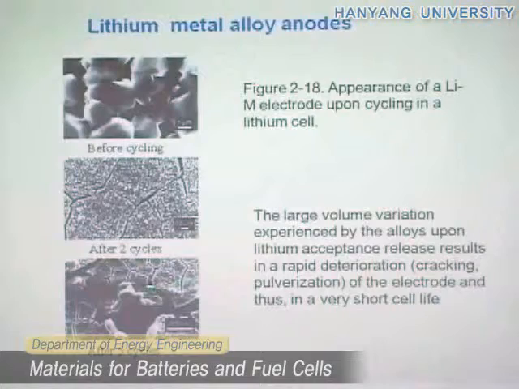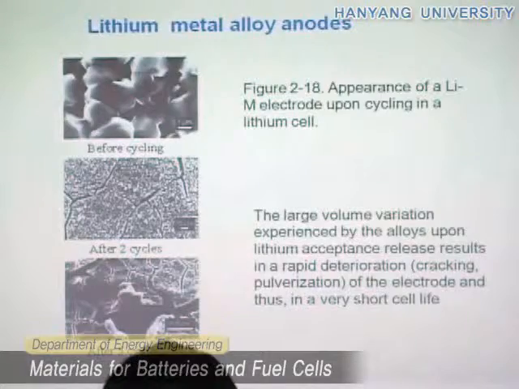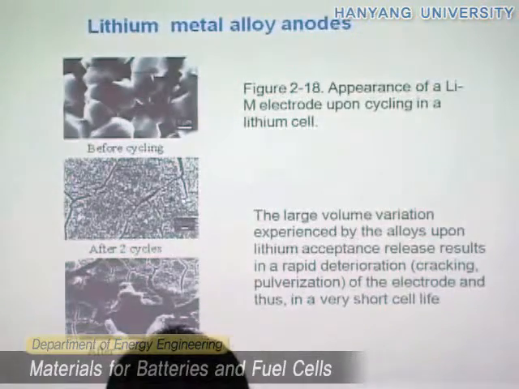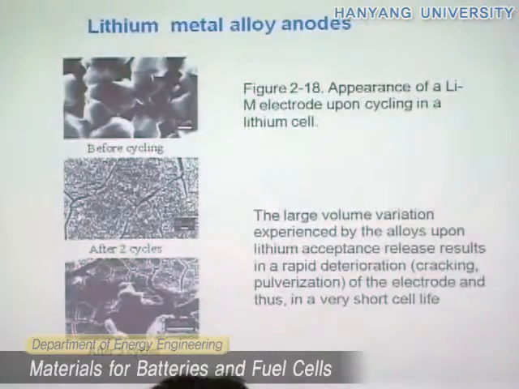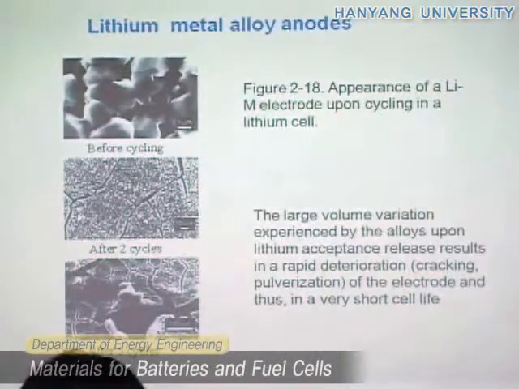And after 5 cycles it's completely collapsed. Because of this large volume variation, you have these breaks. So the electrode breaks, it forms small particles that fall down, and they are lost for the electrochemical process. So the capacity goes down.